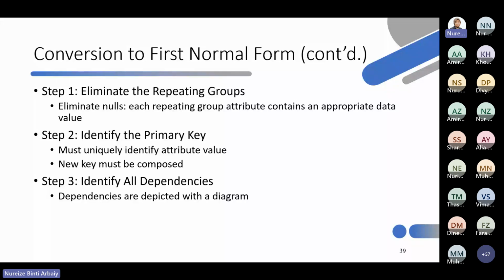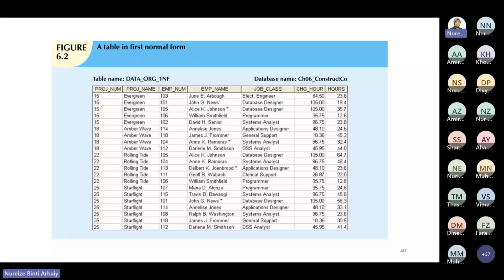Usually, we use a dependency diagram to show this situation, like this. This is a table in first normal form. We have a project number, then project name, employee number, employee name, job class, charge per hour, and hours.